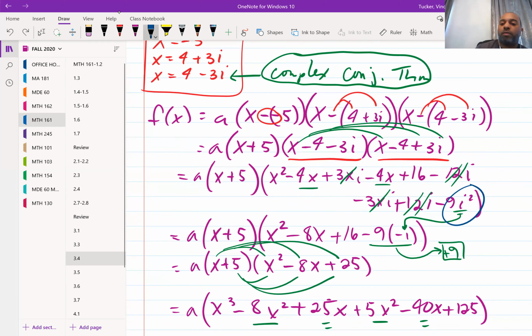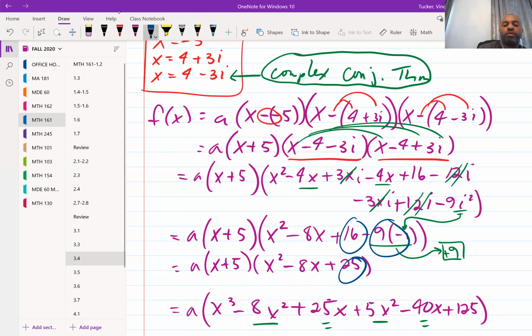And then also i squared, don't forget, is -1. So that'll be a +9 in the back. All right, any questions? Here we have a 16 and +9. That gives us this +25 right here.